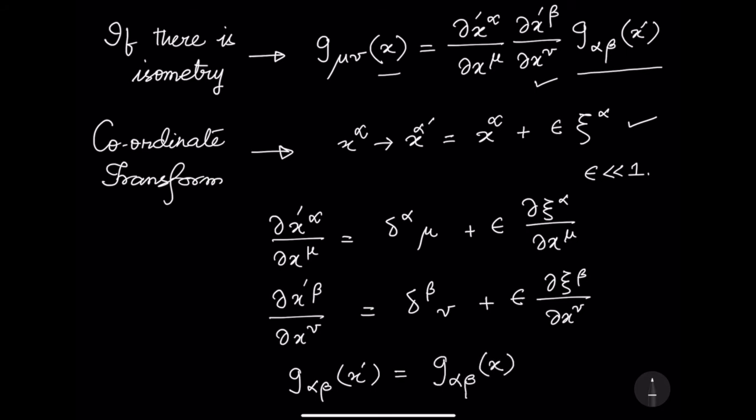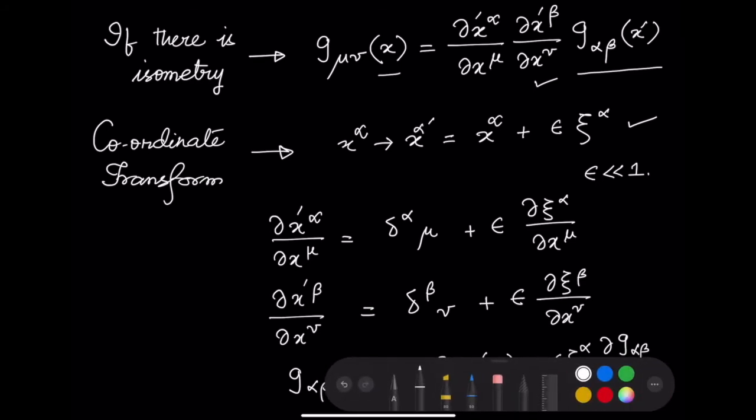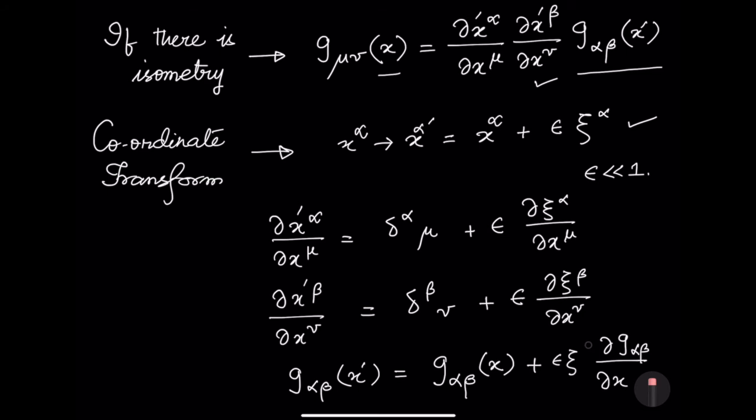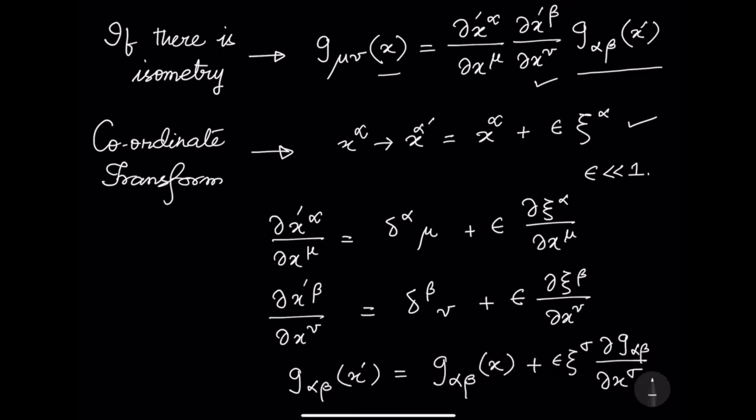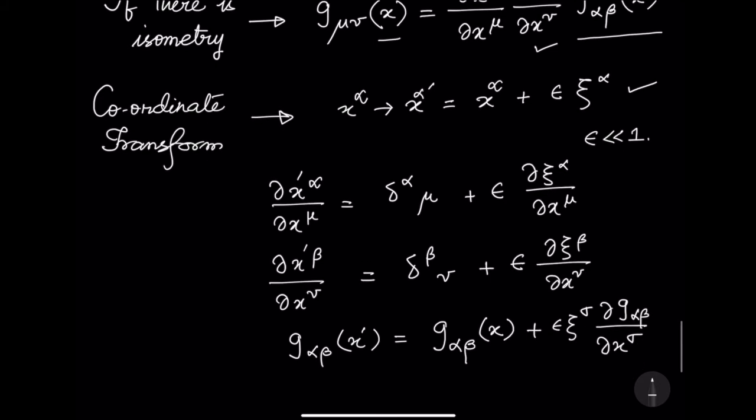So it's about x plus the little change from x to x prime, the little change is epsilon xi sigma times the derivative of the metric, del sigma. And I can have higher order terms, but you see that epsilon is small, so I really don't need to keep up with the higher order terms.